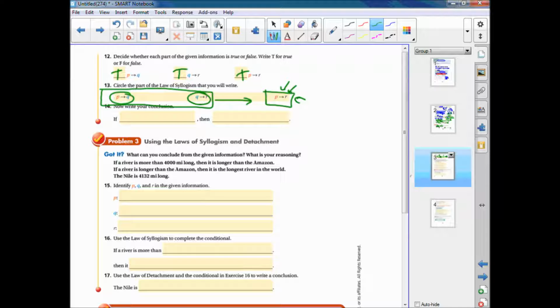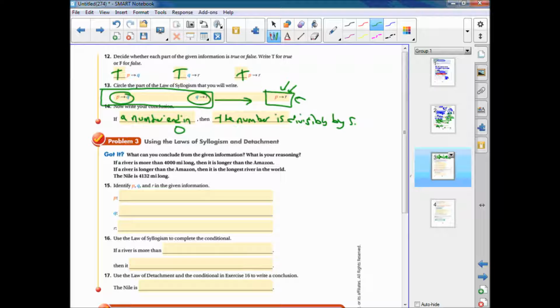Okay, so now write your conclusion. So if a number ends in 0, then the number is divisible by 5.